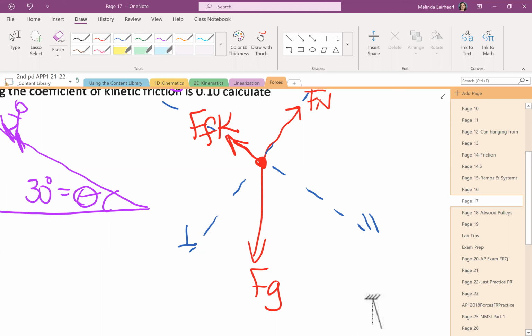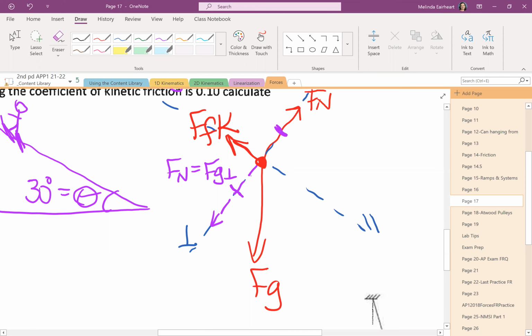I always start going opposite FN because 99% of the time, FG perpendicular is equal and opposite to your FN. And then that's on the new y-axis. FG is on the old y-axis. So if the x-axis tilts 30 degrees, so does my y.